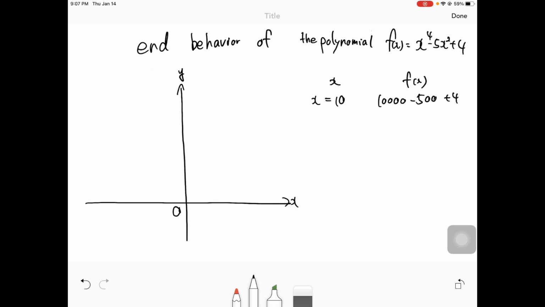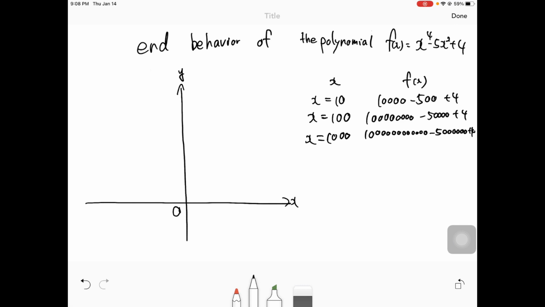The next one, I want to plug in 100, and it's going to be a huge number minus 50,000 plus 4. Okay, then what about when x equals 1000? It's an even bigger number minus 5 million plus 4.